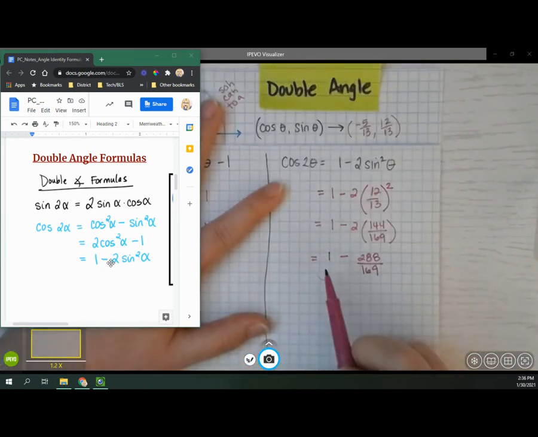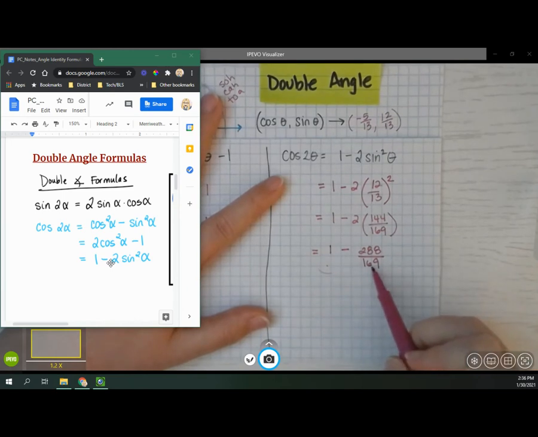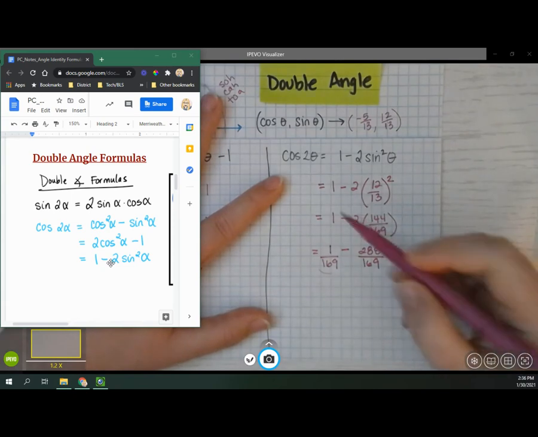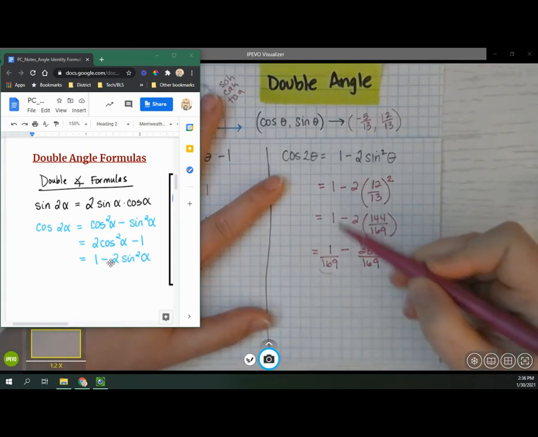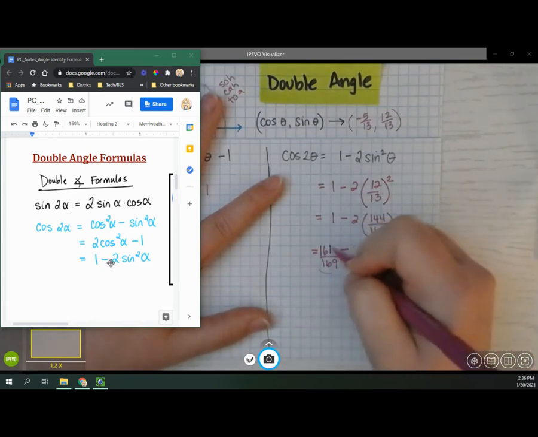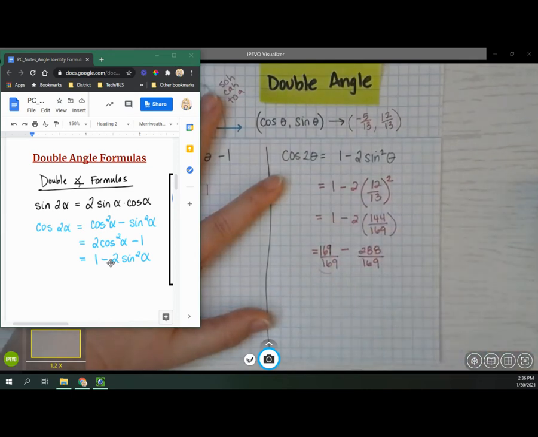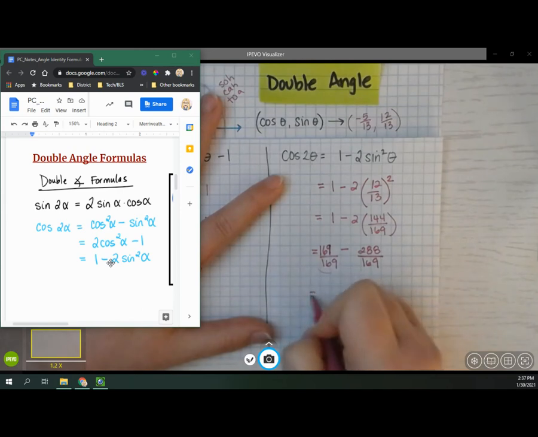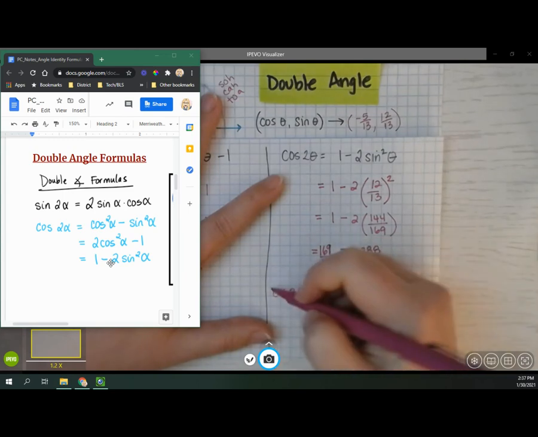It's not in fraction form. So let's make the denominator 169, because the goal is to have a full 1. Well, 169 over 169 will give me 1. When I perform the subtraction of the numerators, this gives me negative 119 over 169 for cosine 2 theta.